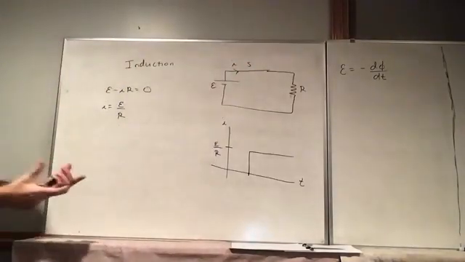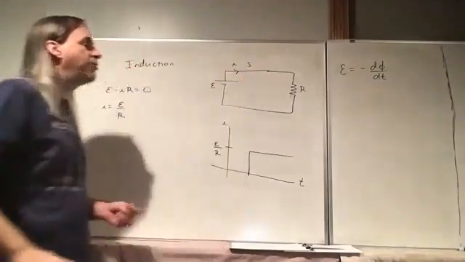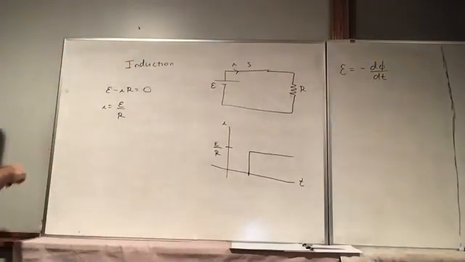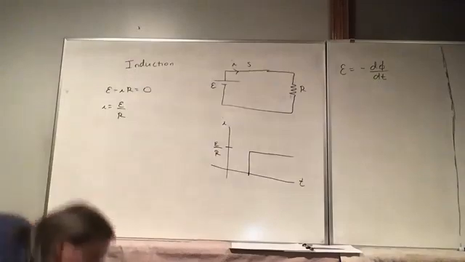So the flux initially is 0, but now that we have a change in flux, we can fix our loop rule.